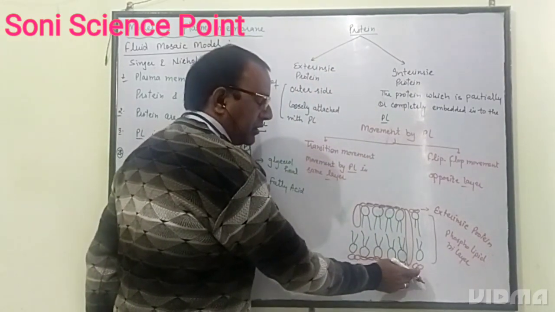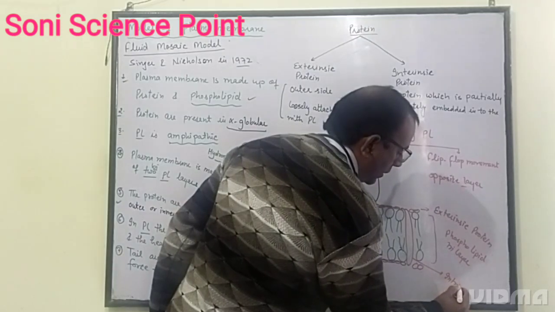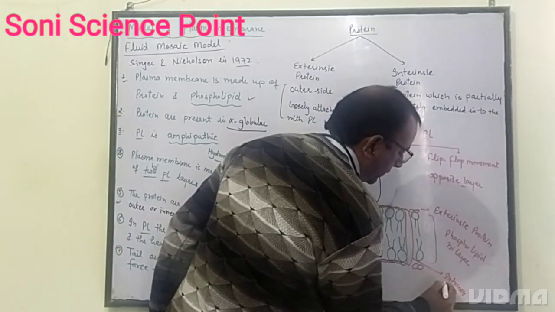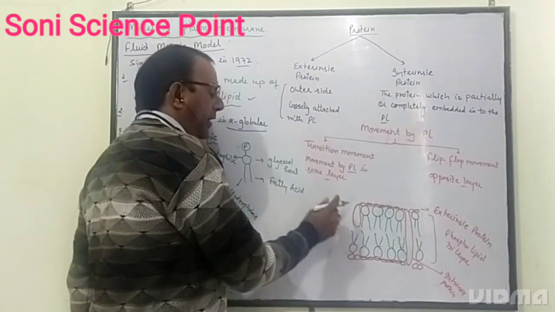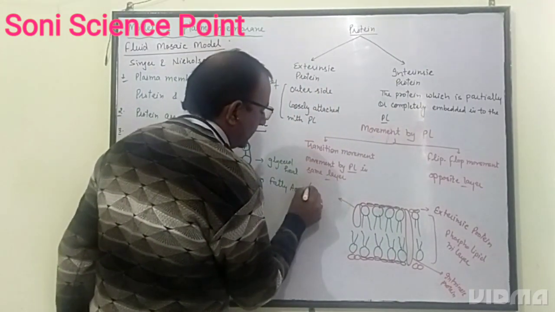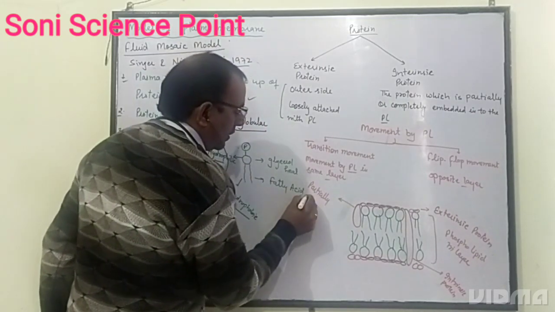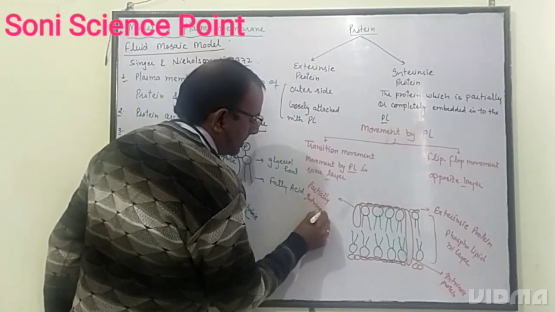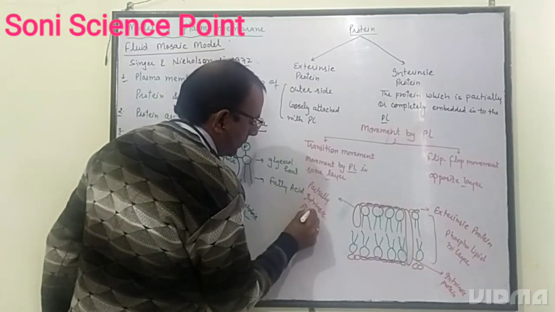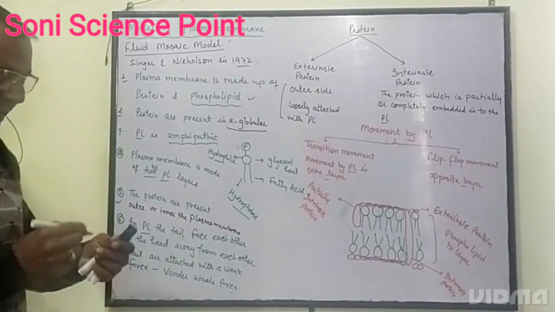This is also extrinsic. This one is intrinsic protein, which is completely embedded, and this one is partially embedded intrinsic protein. This model was proposed by Singer and Nicholson.